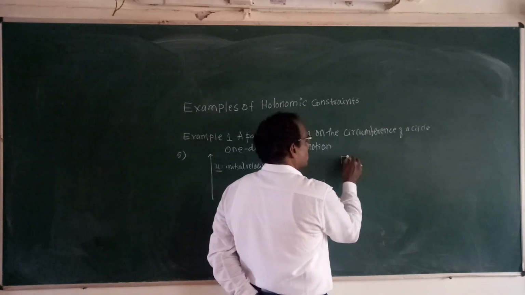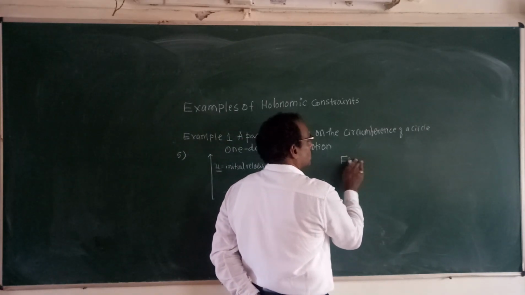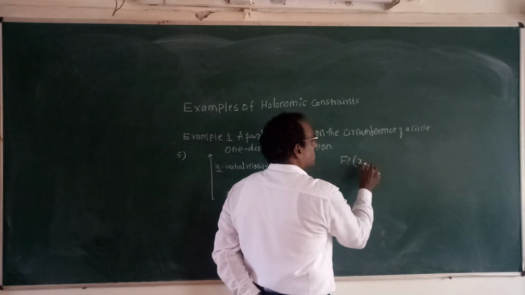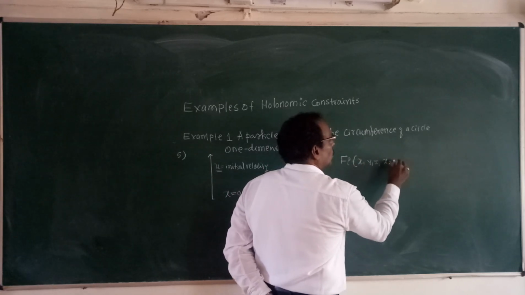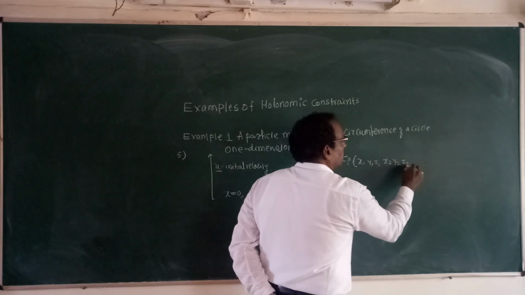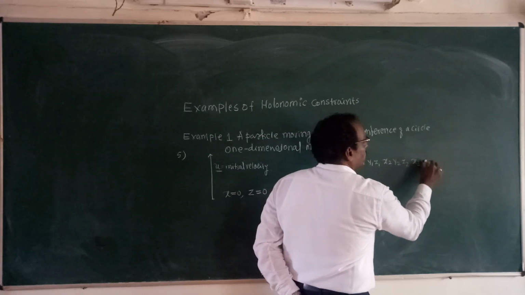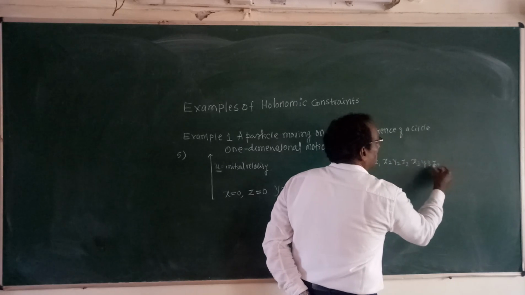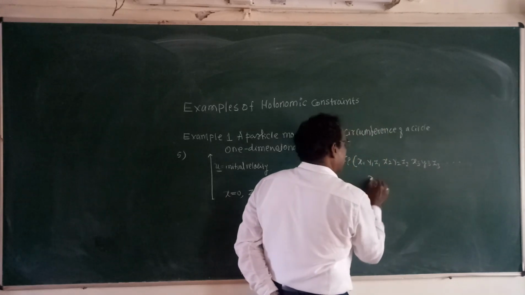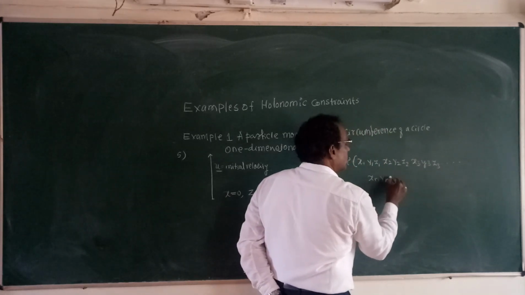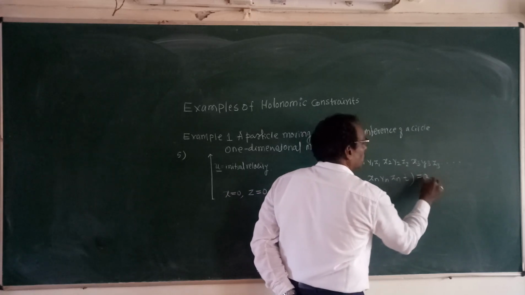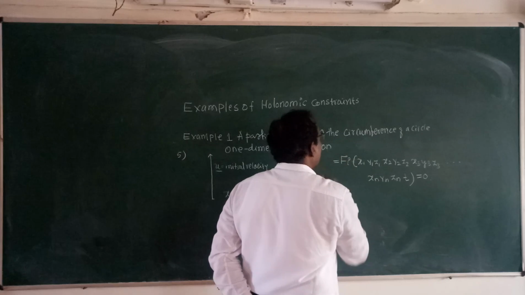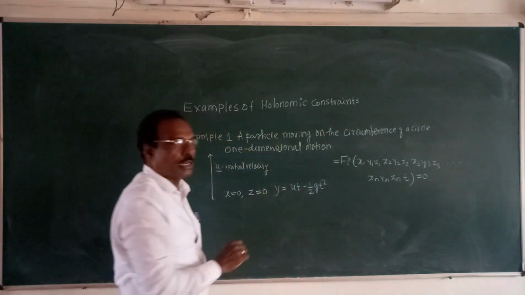We have written the general equation; hope you remember this or go back and see it: f of x1, y1, z1, x2, y2, z2, x3, y3, z3, and so on up to xn, yn, zn, t, equal to 0. This is the general equation of a holonomic constraint.